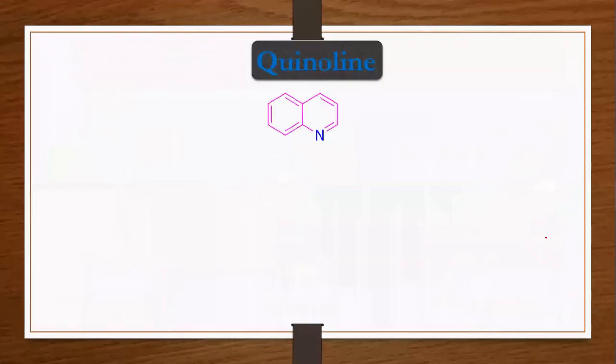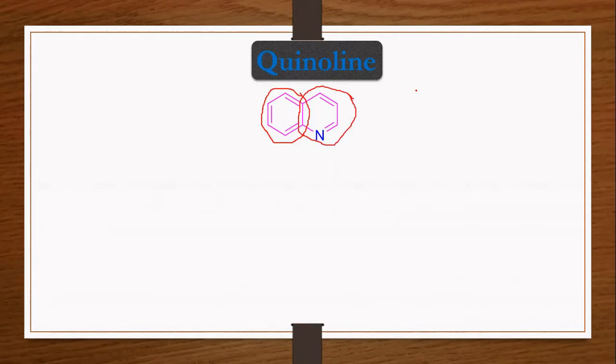Now, first of all, we see few information about quinoline. As you are looking the structure, in case of quinoline, two rings are fused together. This is a benzene ring and another one is a pyridine ring.